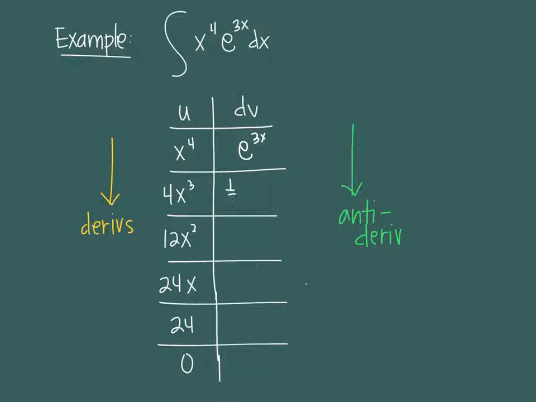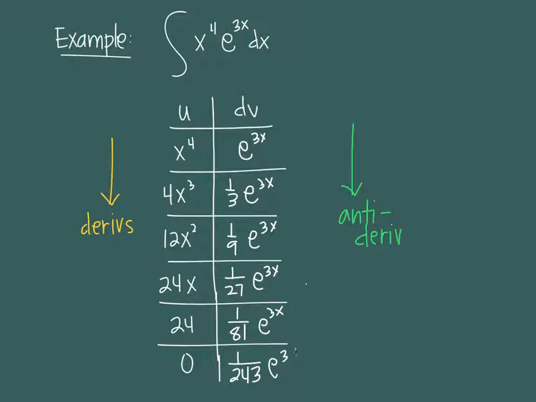Okay, so 1/3 e to the 3x. And the antiderivative of that? 1/9 e to the 3x. And the antiderivative of that? 1/27 e to the 3x. And then 1/81 e to the 3x. And then finally 1/243 e to the 3x.